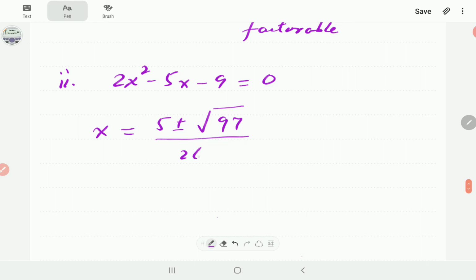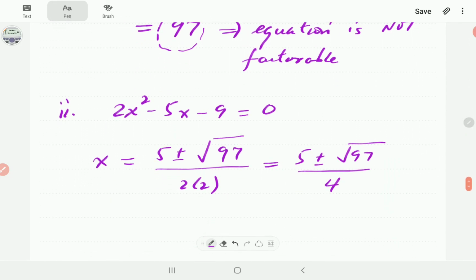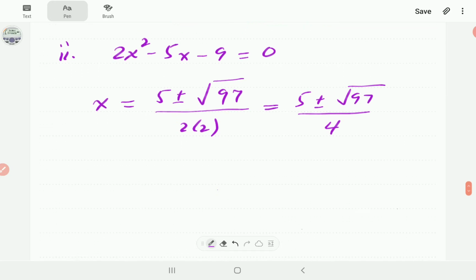Then in the denominator, we're going to have 2 times 2. And so we have our solution straight away, over 4 here. And so we can continue now to the method of completing the square.